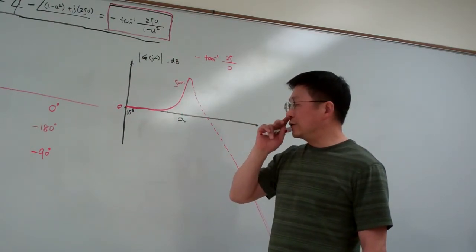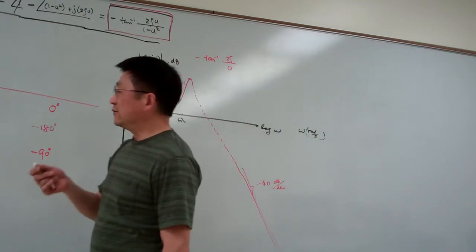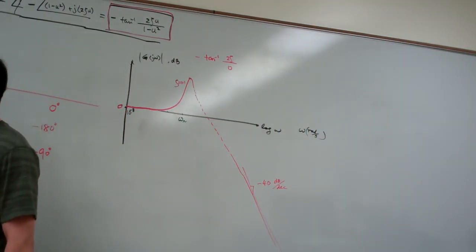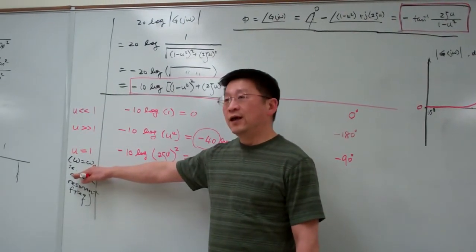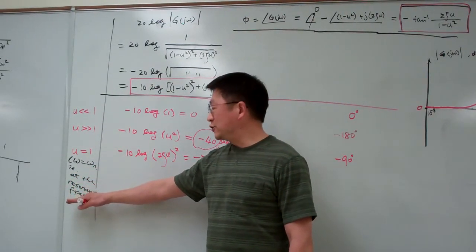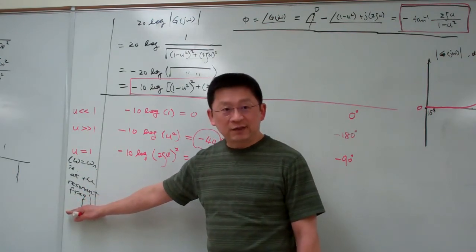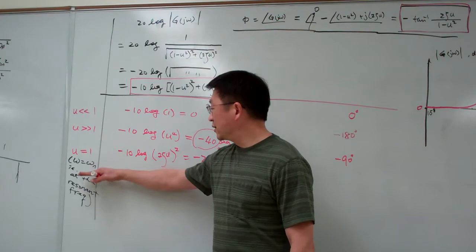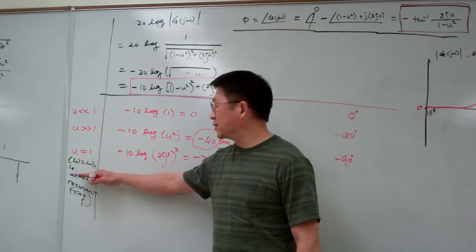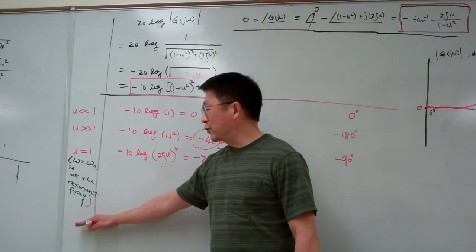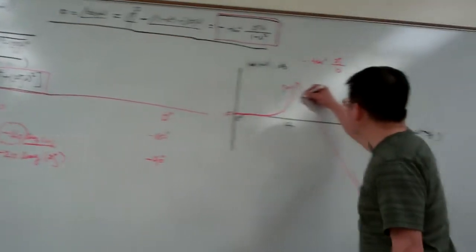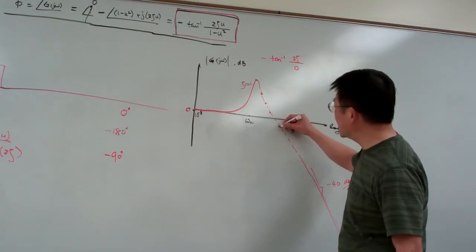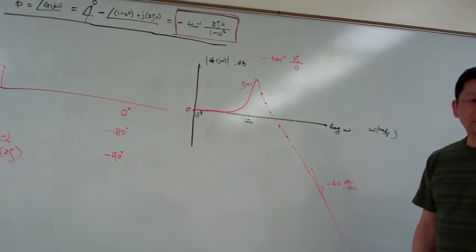In the homework, you will see I ask you, for a given specific problem, to calculate the magnitude of G at omega equals 0.1 and the magnitude of G at omega equal to 1, etc. If necessary, you can keep tabulating additional specific values of u, and hopefully that helps you see the magnitude is here, here, here, so you can do the curve tracking.